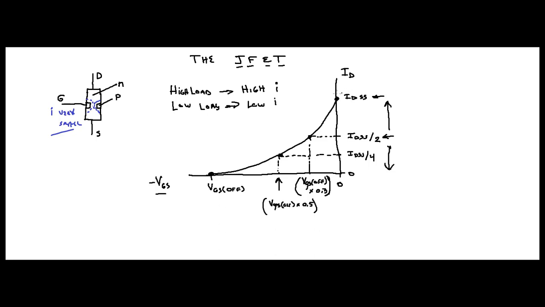And let's do something real quick right now while I've got you here. Let's draw something here, and you may see this in literature, you may not. From this point over, this is VDS, right? If this is ID, what did we say that looked like? If you recall, it came up here like this.